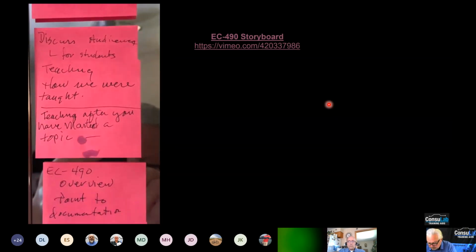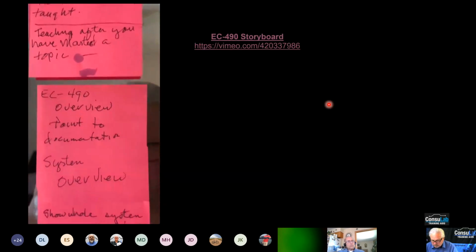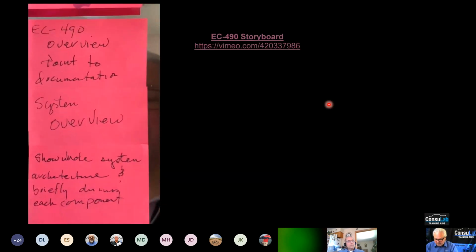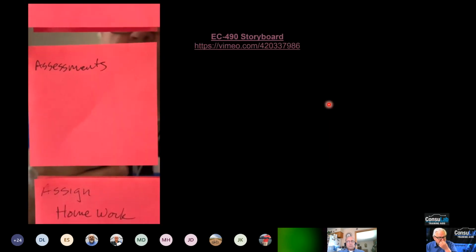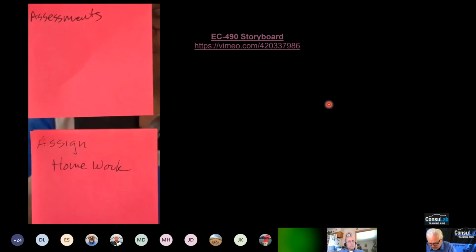Tuesday, today, these are the sticky notes that I have up here. So as you can see, there's a lot of planning that goes into not necessarily just my slides, but the whole planning portion.